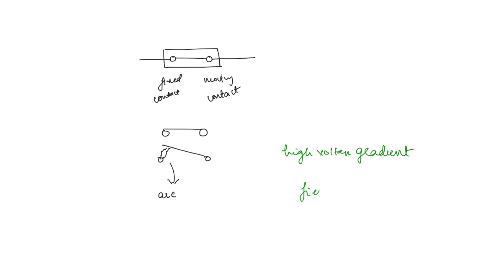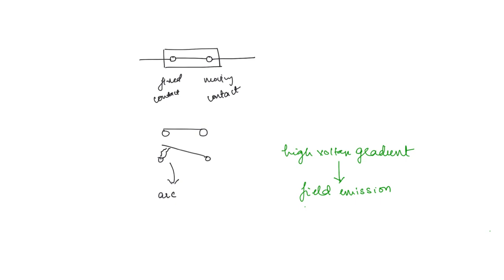That is called field emission. So a high voltage gradient will lead to field emission. The ionized particles produced due to field emission will sustain an electrical contact between the two contacts, which is what we call the arc.